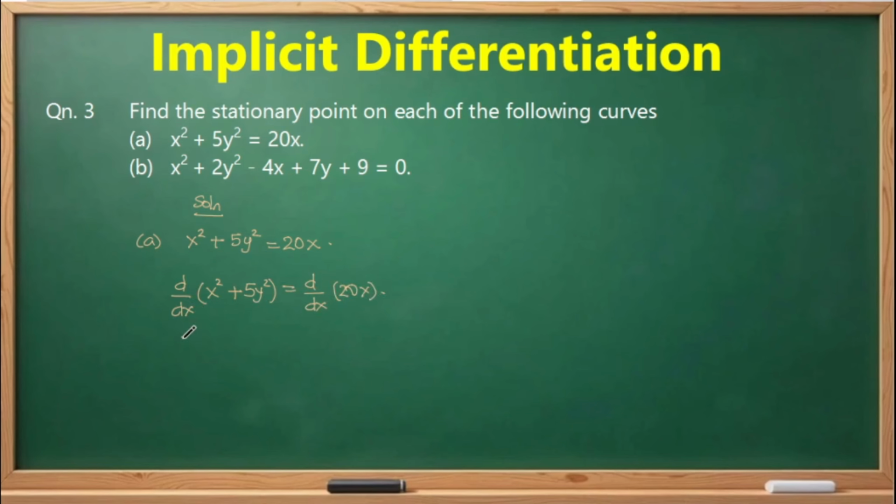We can distribute the left hand side: d/dx of x squared plus d/dx of 5y squared equals, now we can differentiate this directly, and the derivative of 20x is simply 20. Now this is also a direct simple derivative, so we have here 2x.